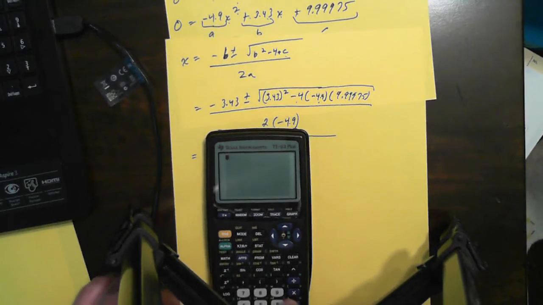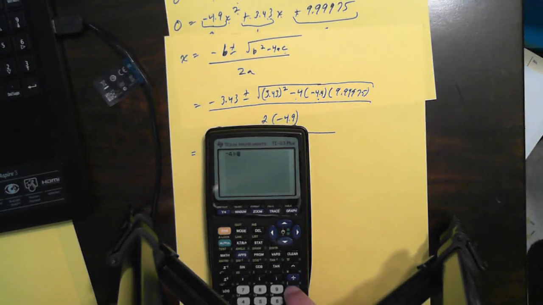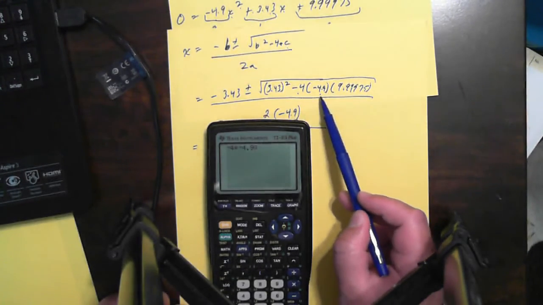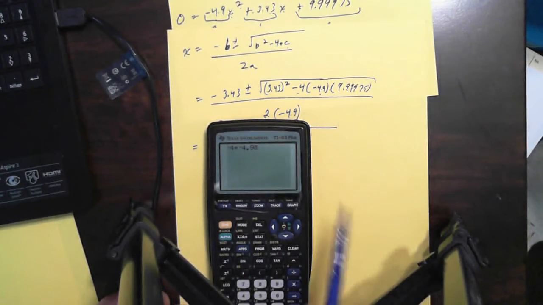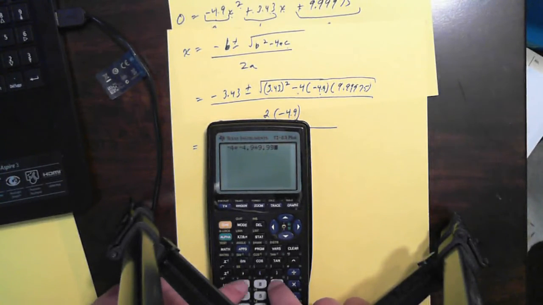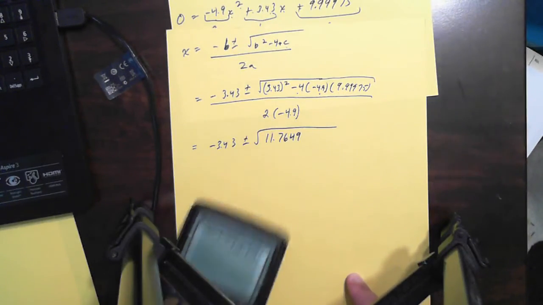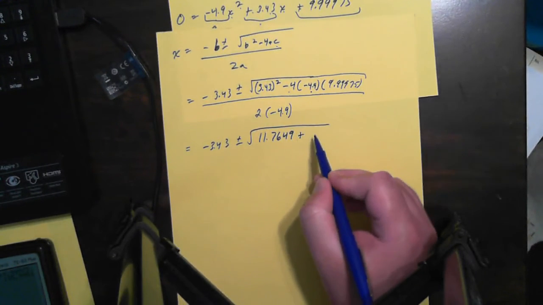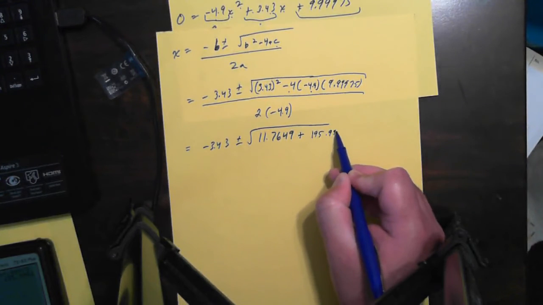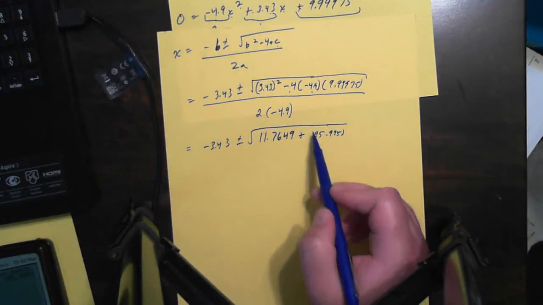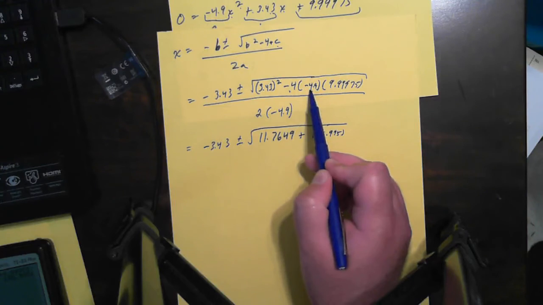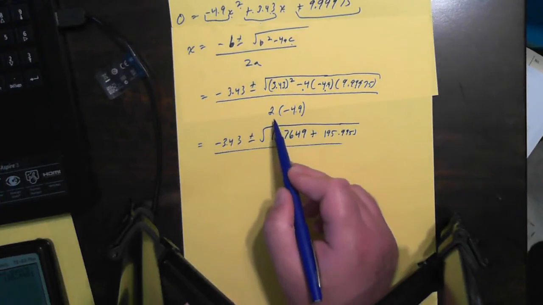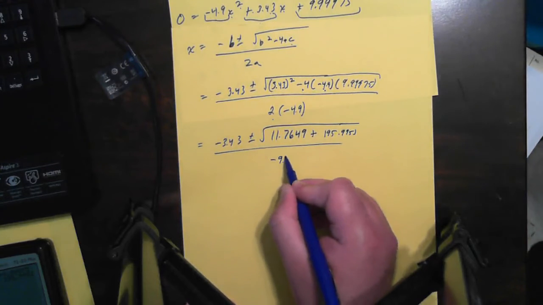So negative 4 times negative 4.9, that's the first two terms multiplied together, and now I multiply it by the third one, times 9.99975. That gives me 195.9951. And it's positive, so it's going to be a plus sign. Of course, it comes out positive because I've got a negative times a negative, which gives me a positive. All over 2 times negative 4.9, which is negative 9.8.